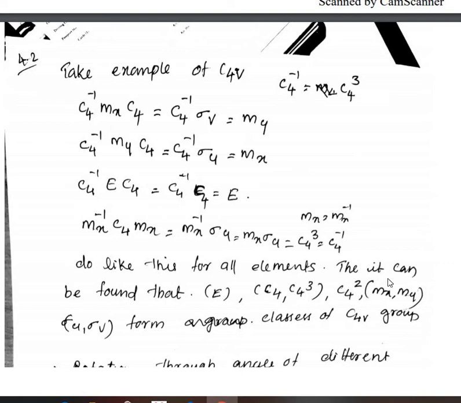Similarly, you do the same operation for Mx and My, and you will find that Mx and My form a class, and sigma U and sigma V form a class. So E and C4 square each form a class by themselves, and C4, C4^3 form a class. Then Mx, My form a class, and sigma U, sigma V form a class of the C4v group.